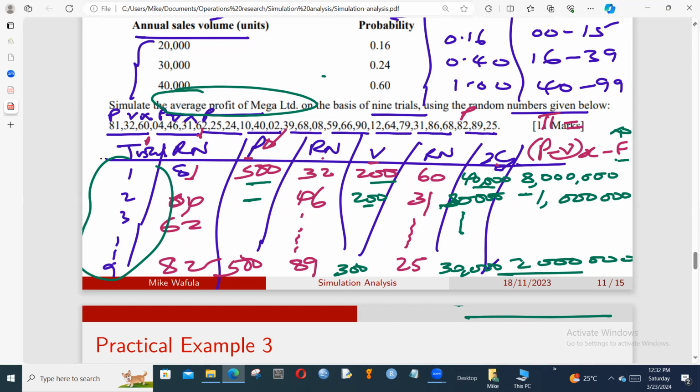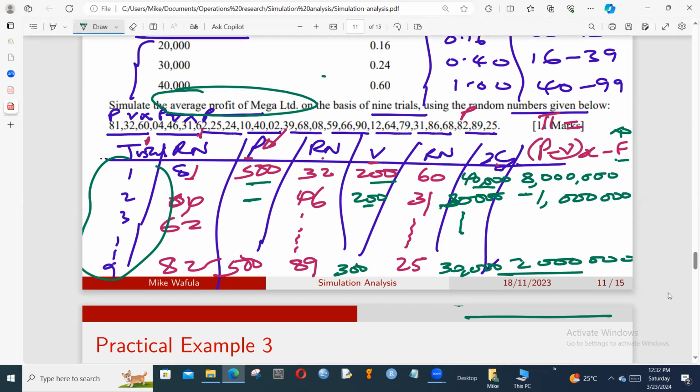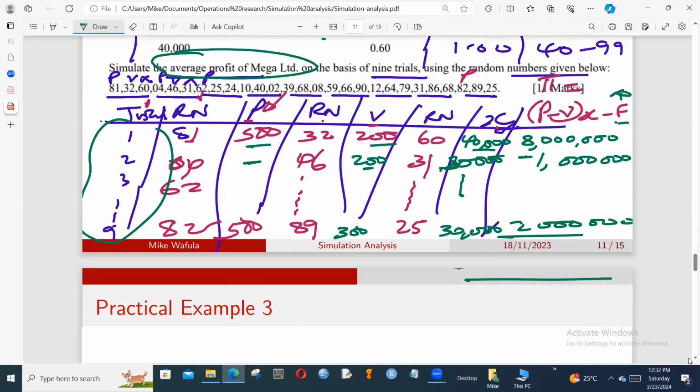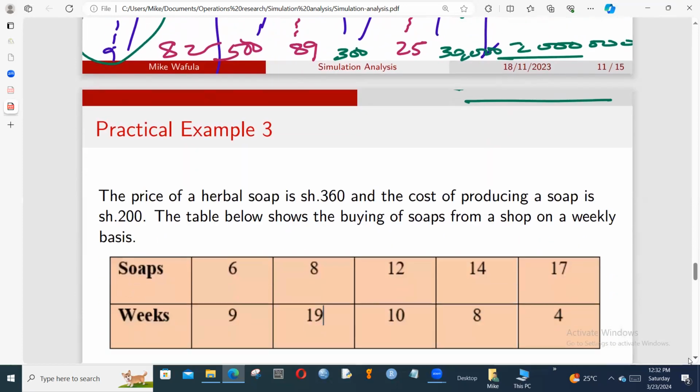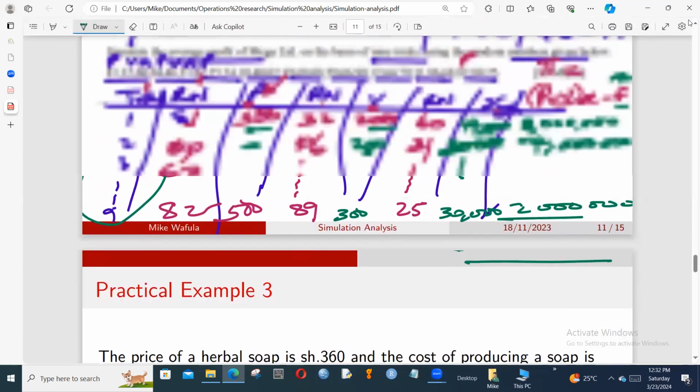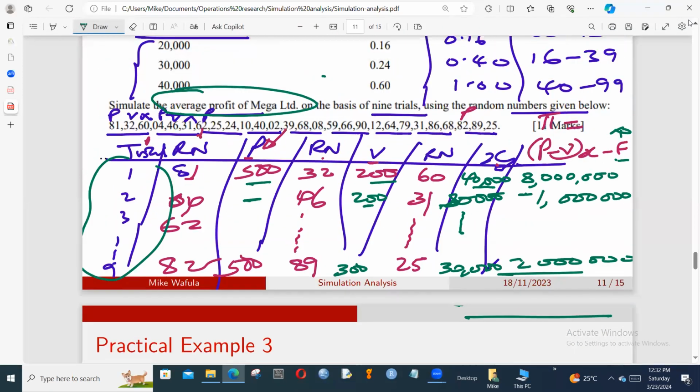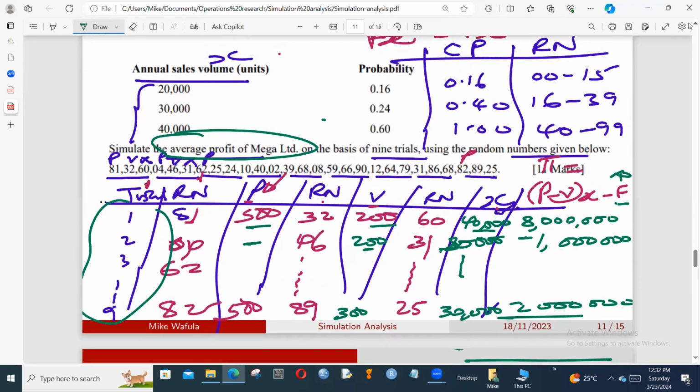Yes. May I have a different answer? The average profit is what from your end? 1 million, with a lot of fours, 1.4.